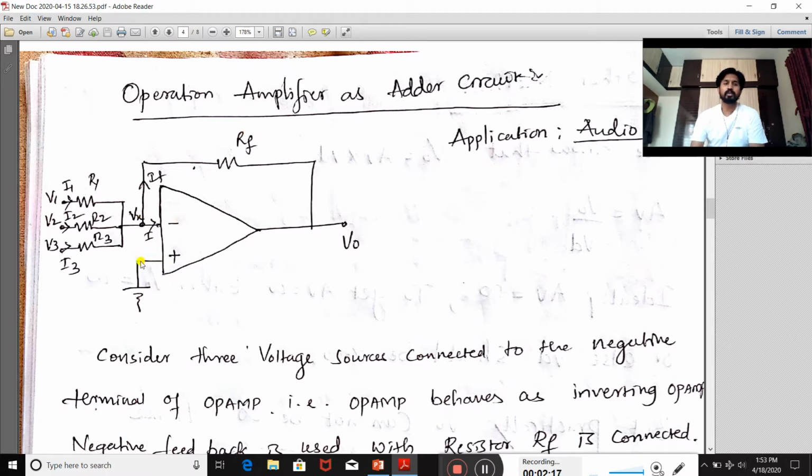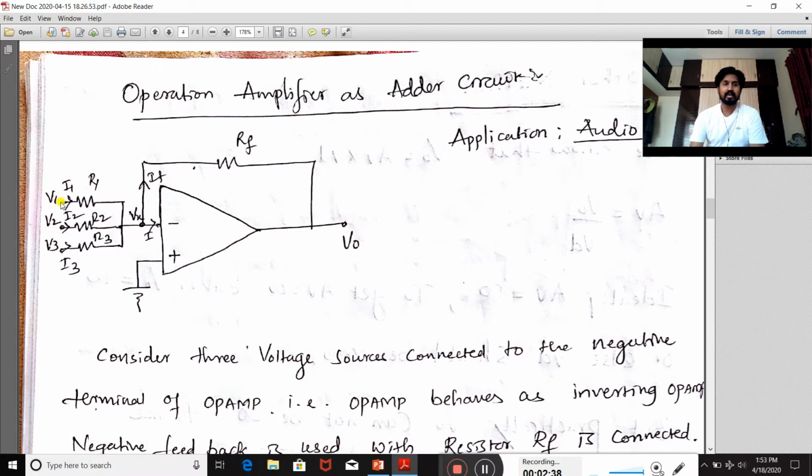The positive terminal is grounded and to the negative terminal different voltage sources are connected. Hence this is an inverting operational amplifier acting as an adder circuit.